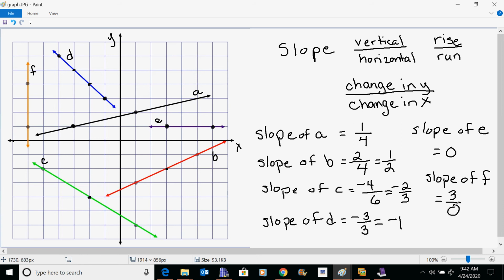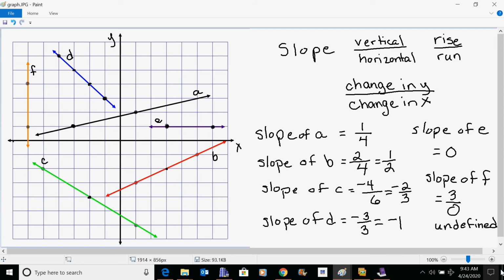And you should know by now that you can't have a 0 in the denominator of a fraction. It's undefined. Or you would say no slope. Undefined is the better mathematical term for that, so I want you to use undefined. Your book in the back of the book will say no slope, but a better mathematical term is undefined, and we're going to use that.